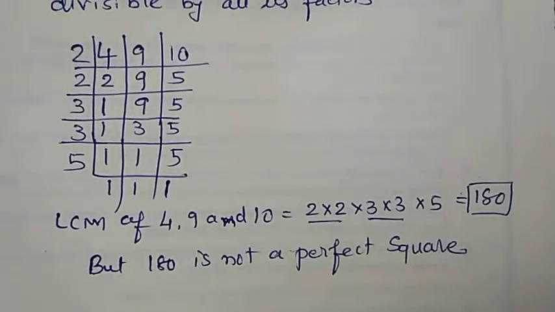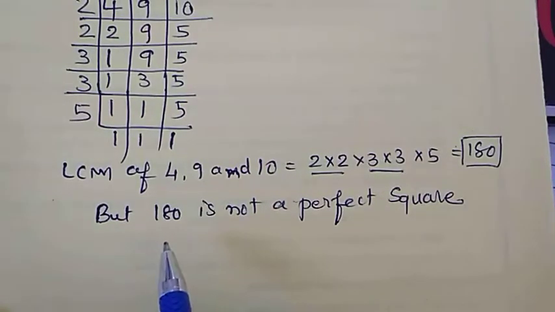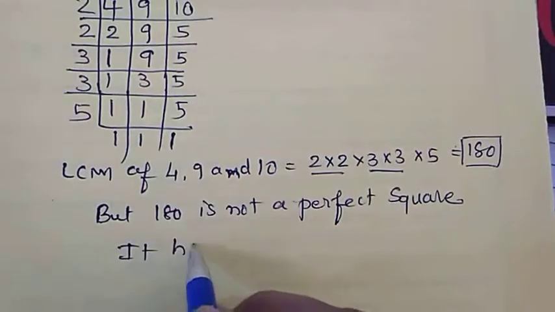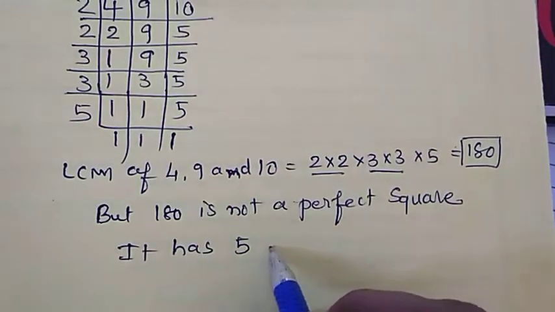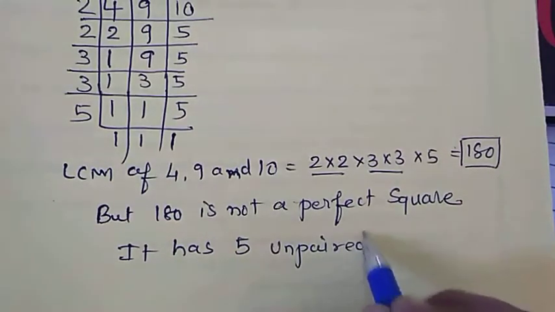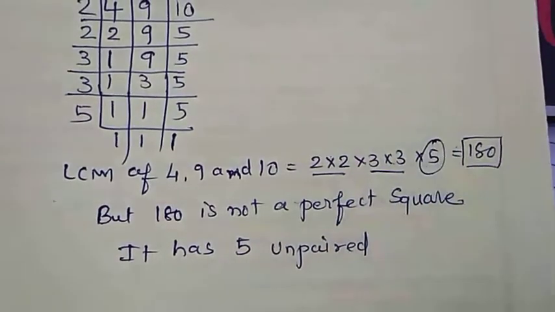So here we need to think that it has a 5 which is unpaired, which has no pair. 2 has a pair, 3 has a pair, but 5 is an unpaired number.